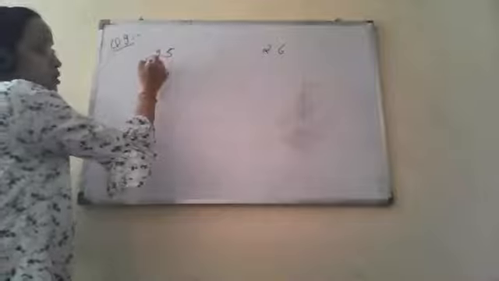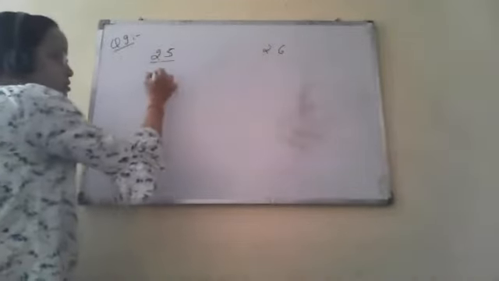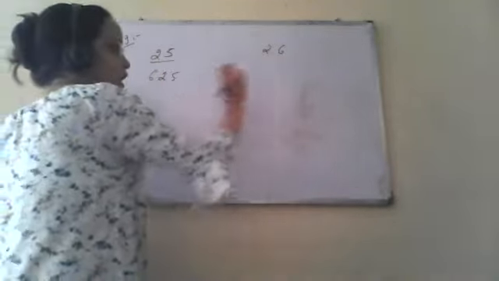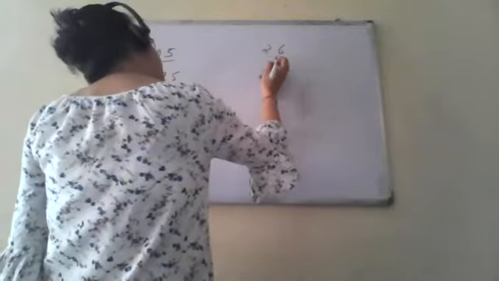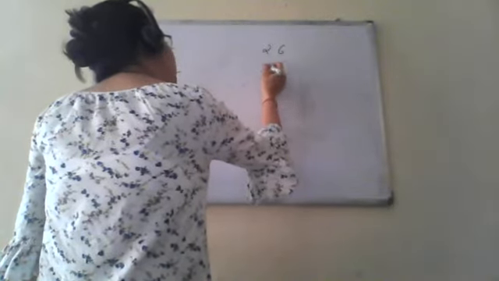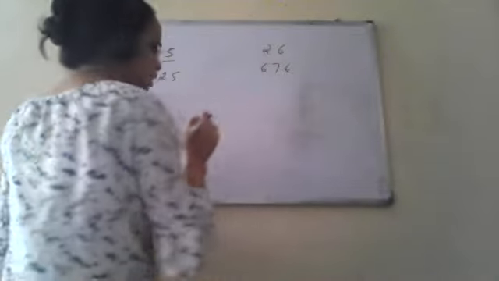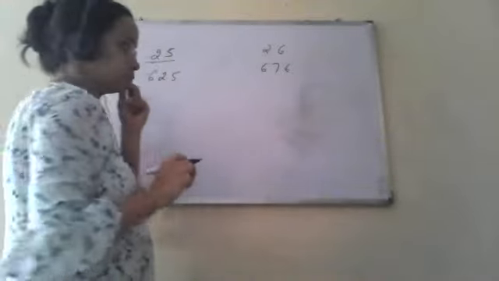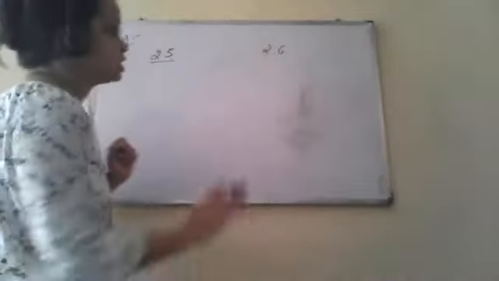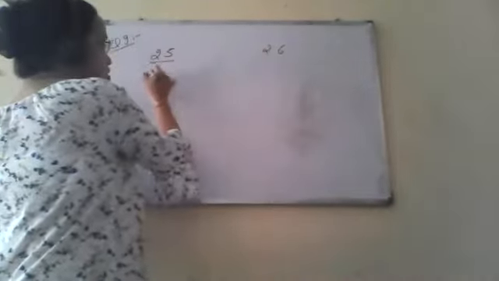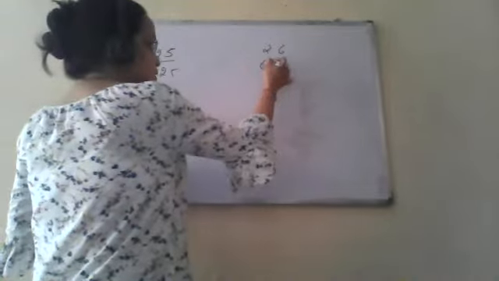Square of 25 is 625 and square of 26 is 676.